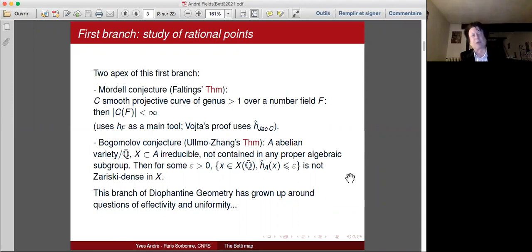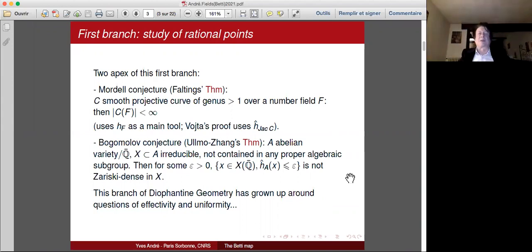If you have a smooth projective curve of genus bigger than 1 over a number field, then the number of rational points is finite. In Faltings' proof, this uses the Faltings height as a main tool, and in a later proof by Vojta, the emphasis is more on the Néron-Tate height on the Jacobian of the curve.